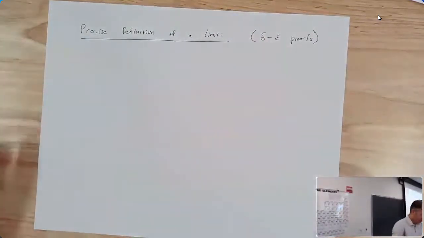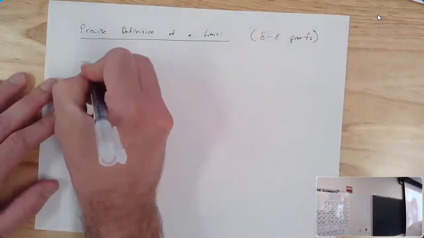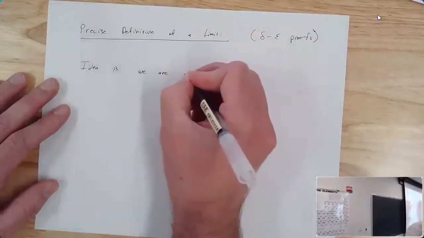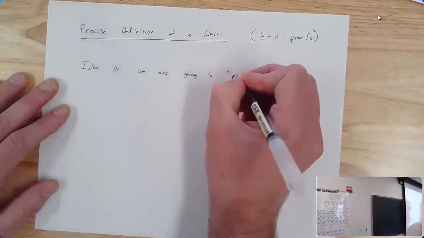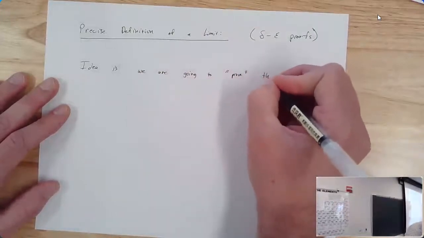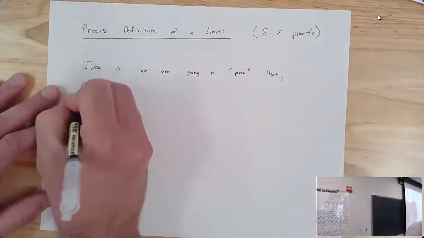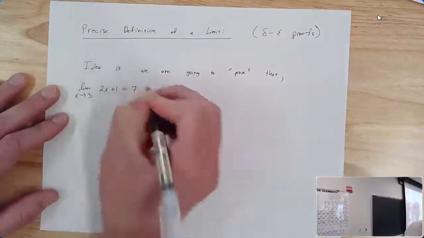And what we're going to try and show is, in some sense, prove that, for example, the limit as x approaches 3 of 2x plus 1 is equal to 7.